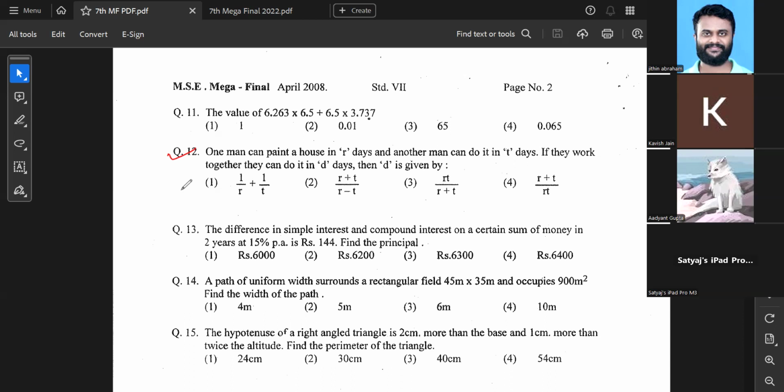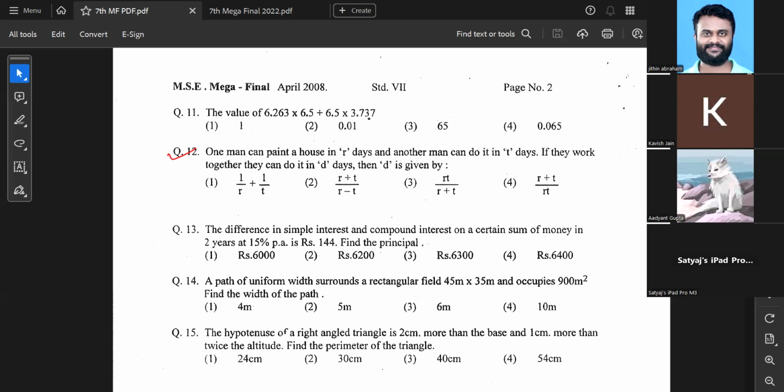Then the number of days will be given by the reciprocal of that, because that is the sum of 1 day's work. So if 1 day's work is 1 on 6, then 6 days they'll require to complete the entire work. So 6 on 1 will be its reciprocal. That's why RT on R plus T.